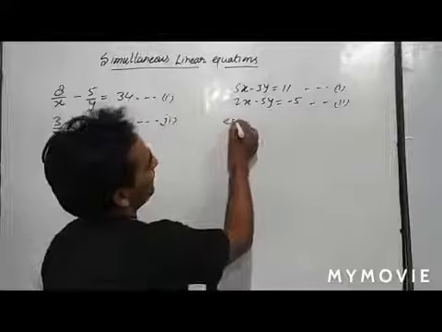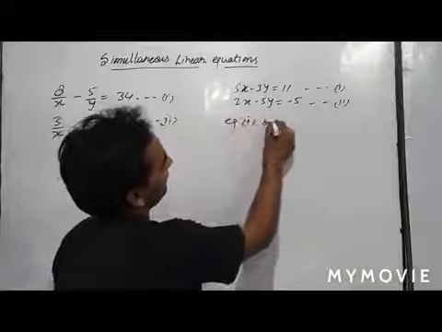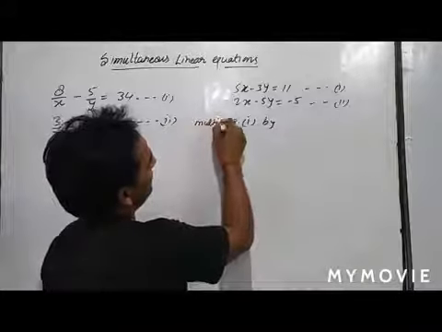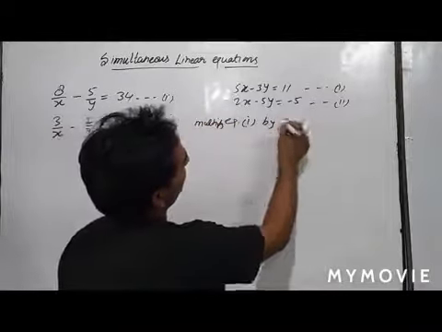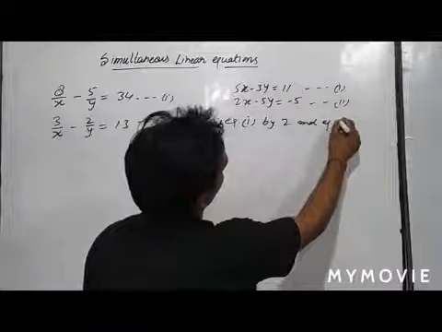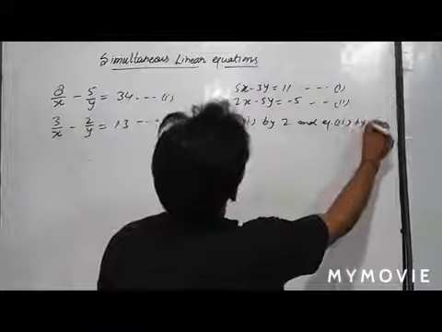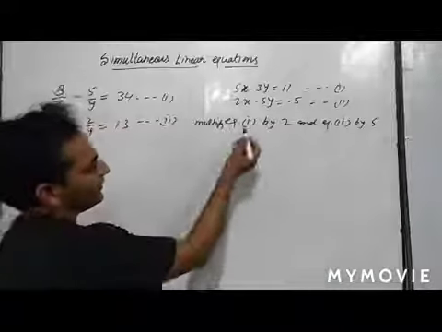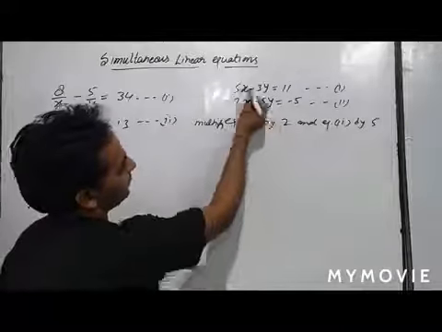Let us multiply equation number 1 by 2 and equation number 2 by 5. So what we will get? See, equation number 1 multiplied by 2.